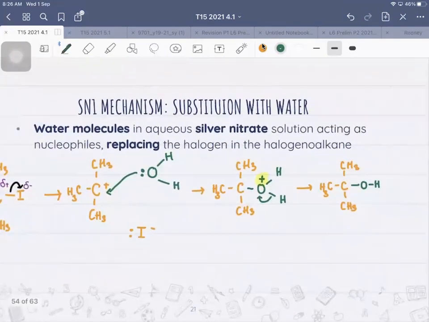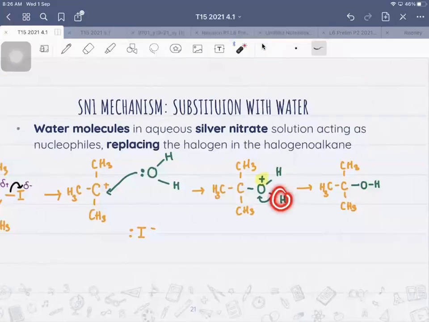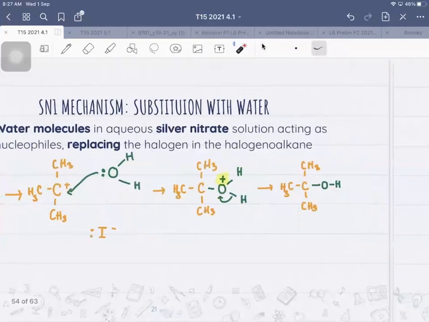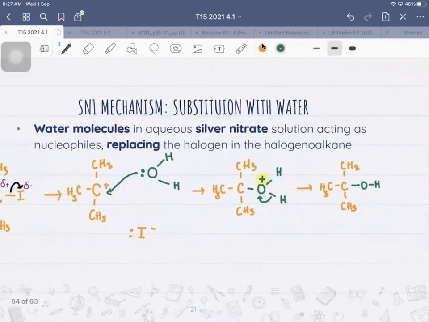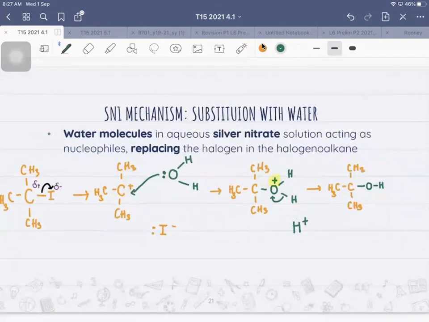So that means this hydrogen that was initially bonded to oxygen, once the bond has been broken and it has lost the electrons, becomes H plus. It no longer has an electron. Okay, so your products would be I minus from the halogenoalkane, and H plus from the water.